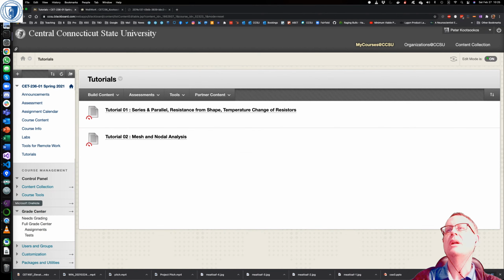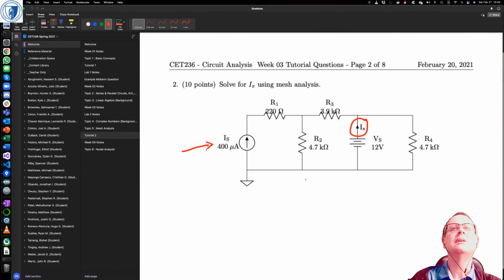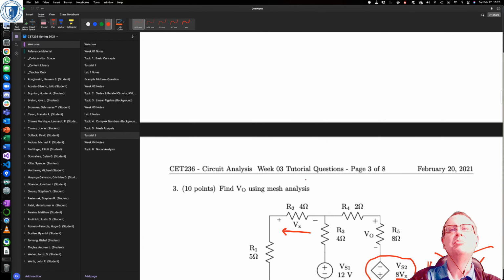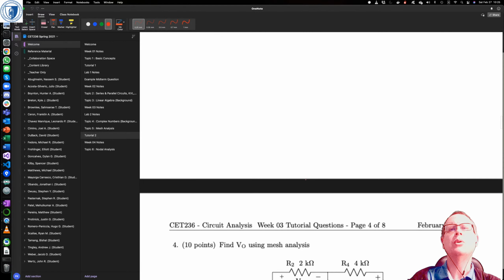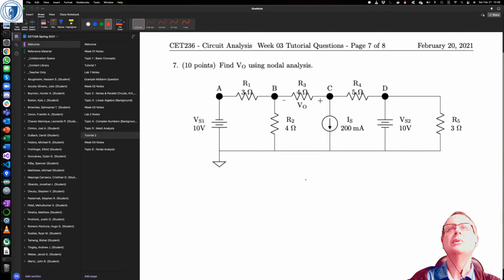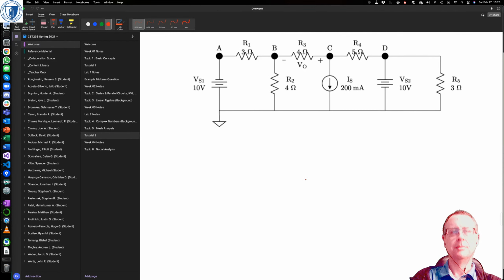It's available in OneNote. Okay, and there are 4 questions on mesh analysis, and I think 4 on nodal analysis from memory. Let's just check. There are 4 on nodal analysis. Yes.